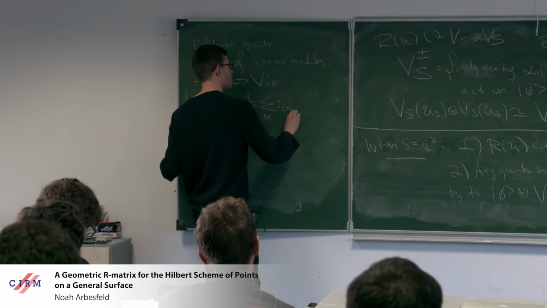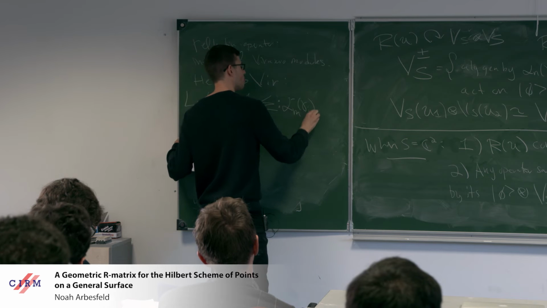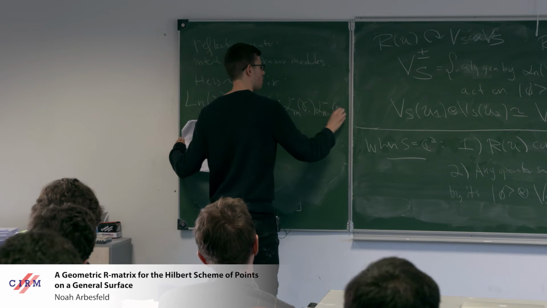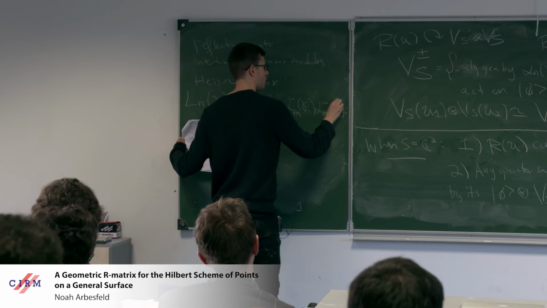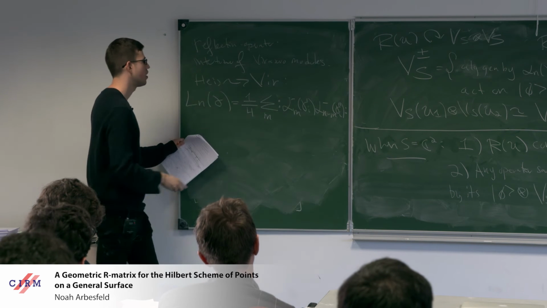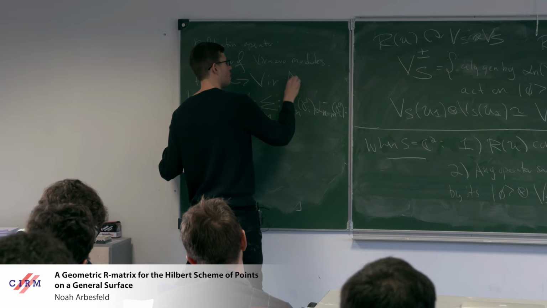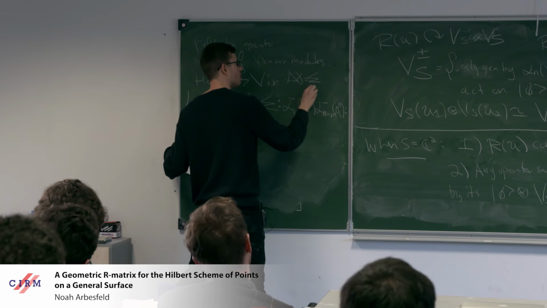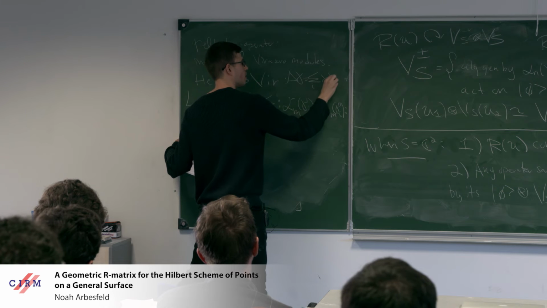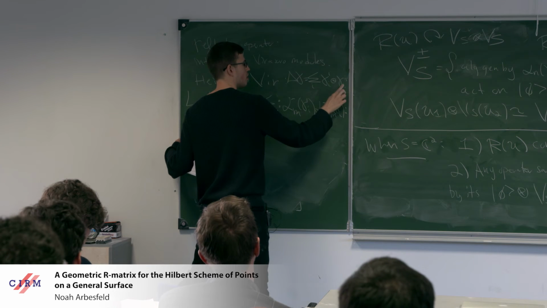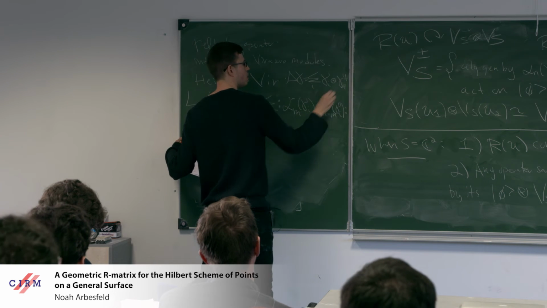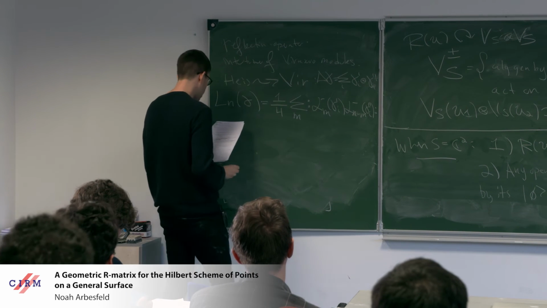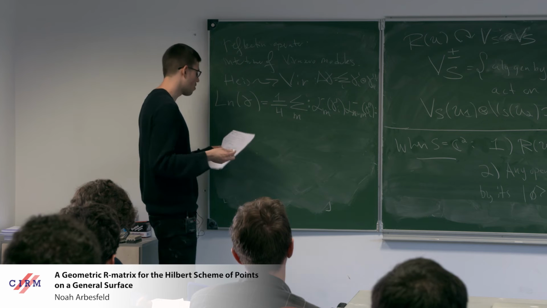And it's some quadratic expression in these Heisenberg generators. So here, gamma I and gamma I prime are the Künneth components of the coproduct of gamma under the coproduct.